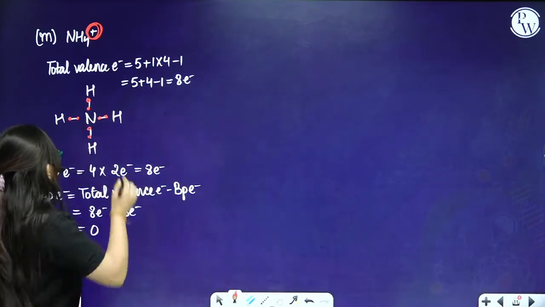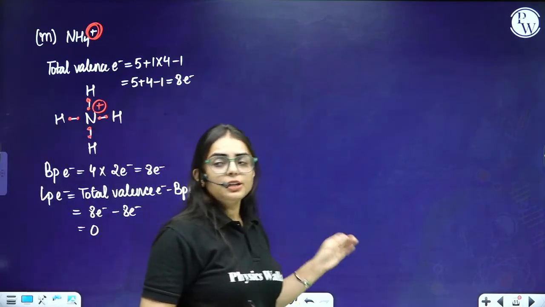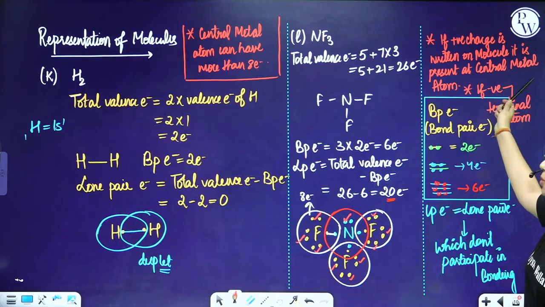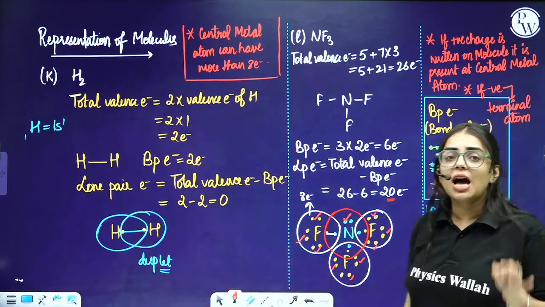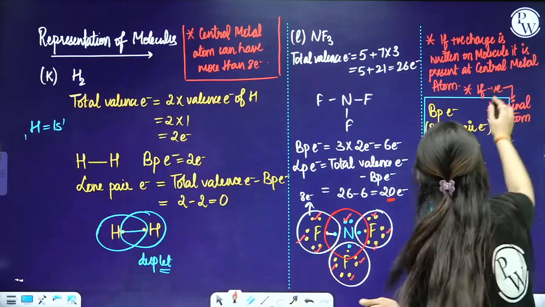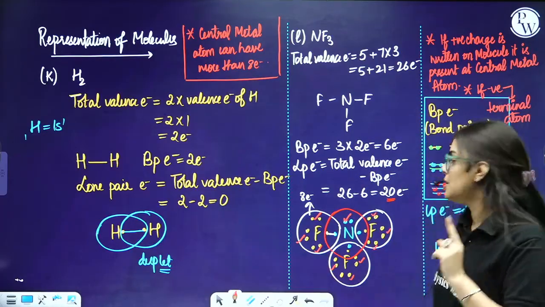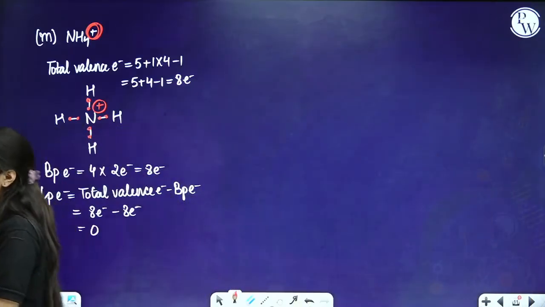You have to represent this positive charge at the central atom. Already told you in the previous slide, students, that if positive charge is written on the molecule, it is present on the central atom. If negative charge is written, it should be represented at the terminal atom. So the positive charge will be represented at the central atom. Clear, everyone?